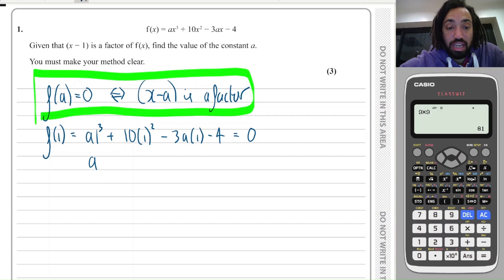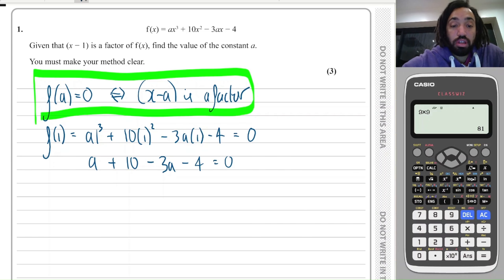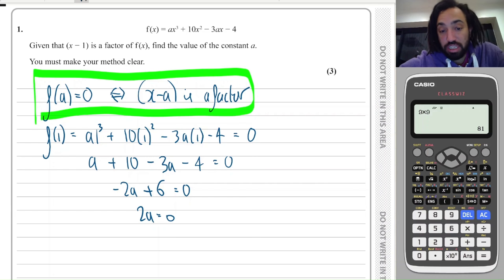And that is going to give us a plus 10 minus 3a minus 4 equals 0, which is going to give us minus 2a plus 6 is equal to 0. So therefore 2a equals 6, so a equals 3.